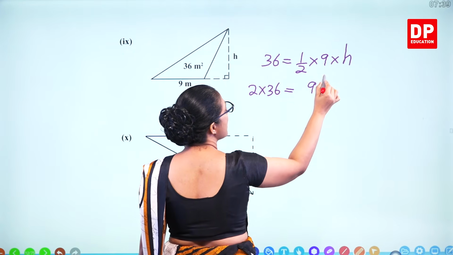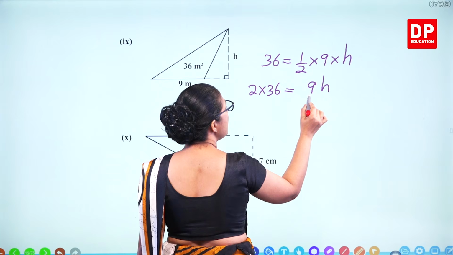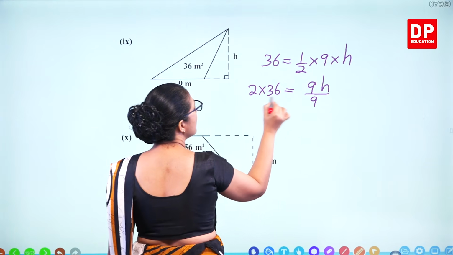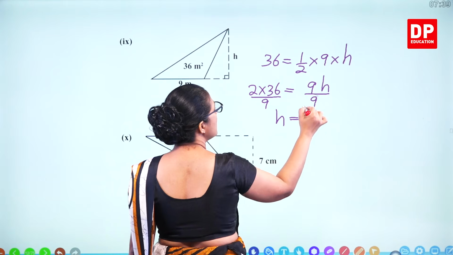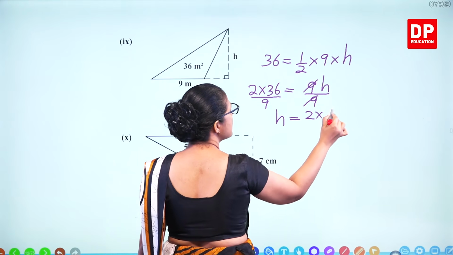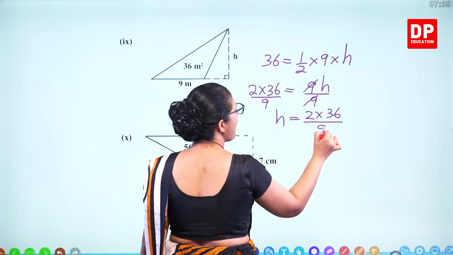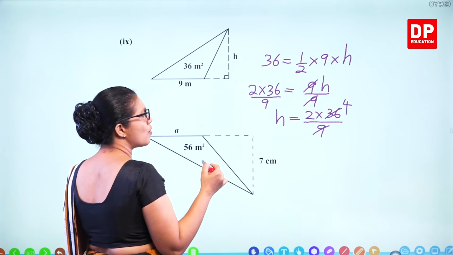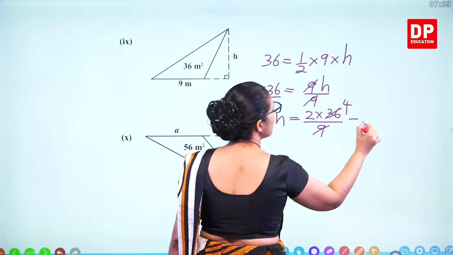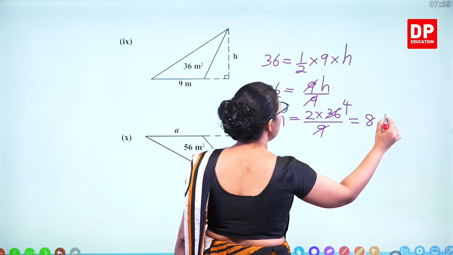So this becomes 9h and divide by 9. So you get h equals 2 times 36 divided by 9. 9 times 4, 36. 4 times 2, 8. 8 meters.